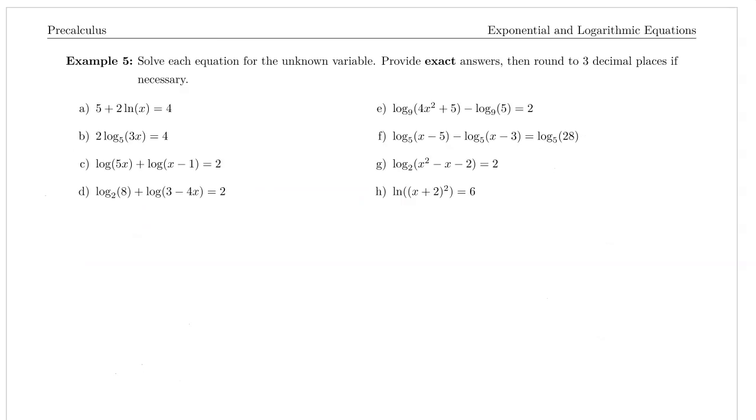Example 5 wants us to solve some more logarithmic equations and provide the exact answers, then round to 3 decimal places if necessary. In part A, we have 5 plus 2 times the natural log of x equals 4. I'm going to subtract 5 from both sides, which will give us 2 times the natural log of x is equal to -1.